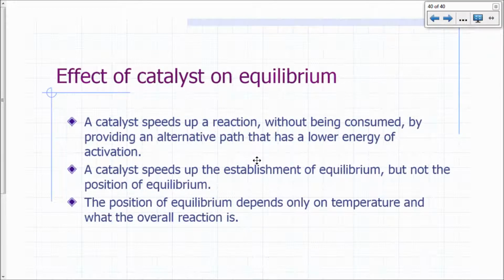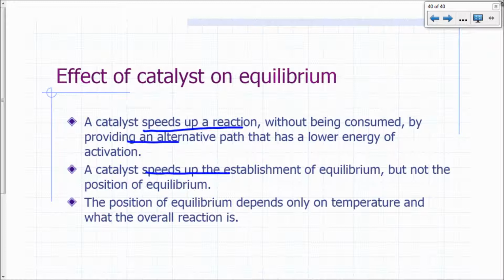All right, one final comment about a catalyst. What would be the effect of a catalyst on equilibrium? Well, a catalyst speeds up a reaction without being consumed, and the way it does this is by providing an alternative path that has a lower energy of activation. So what a catalyst does, it simply speeds up the establishment of equilibrium.